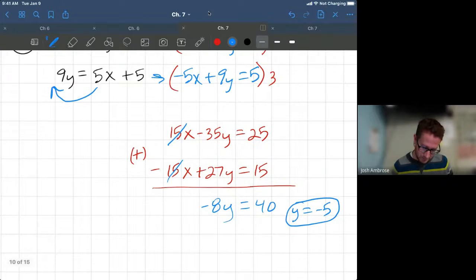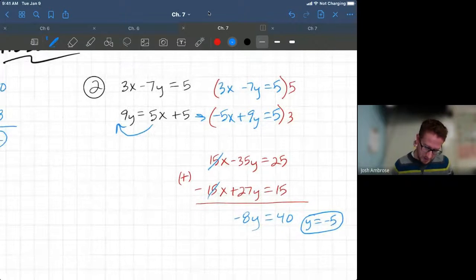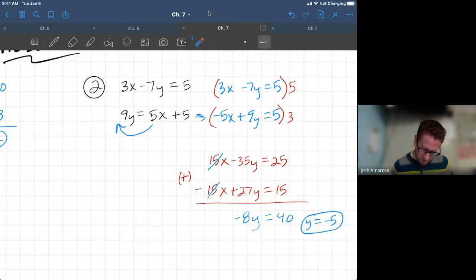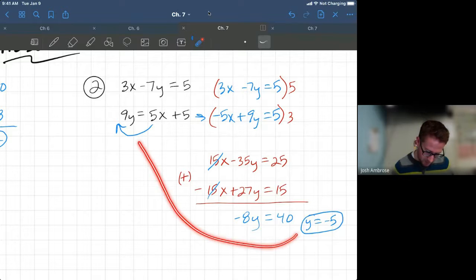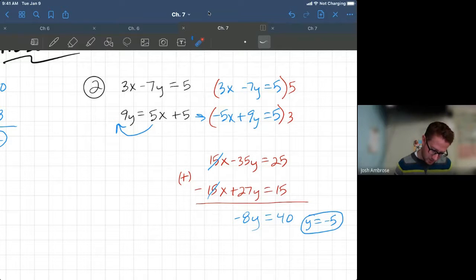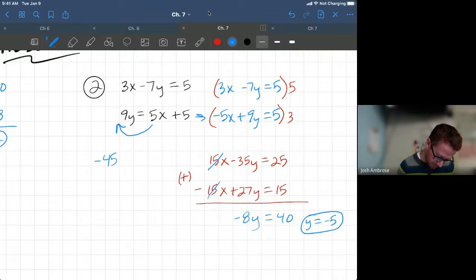Now, zoom out a little bit. Let's take this value and plug it in. I'm going to plug this in right up here to that value right there. So you're going to have 9 times a negative 5, and that's going to give us a negative 45 equals 5x plus 5.